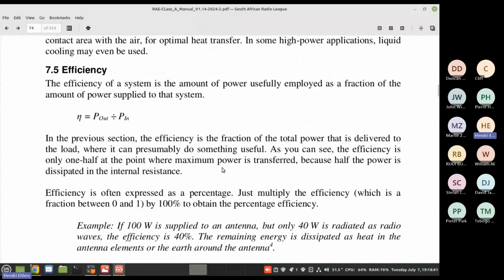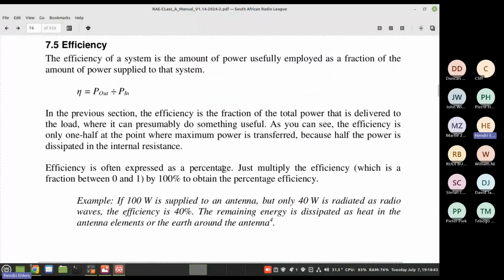Then efficiency is the amount of power out divided by the amount of power in.